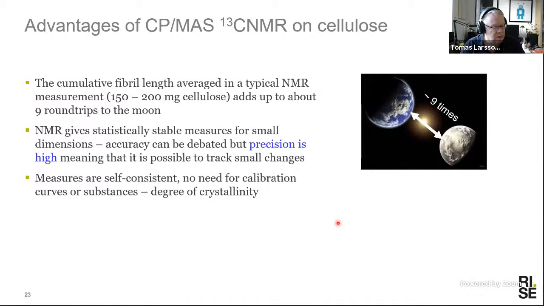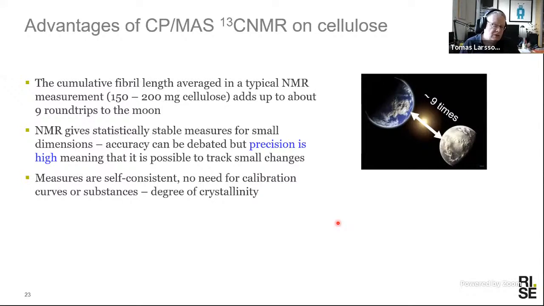So particularly for determining the degree of crystallinity of cellulose, if you see measurements done, for example, with IR or Raman or other techniques that are based on a calibration curve, that's basically impossible, because a calibration curve requires a golden standard, and we don't have one for determining the degree of cellulose crystallinity.